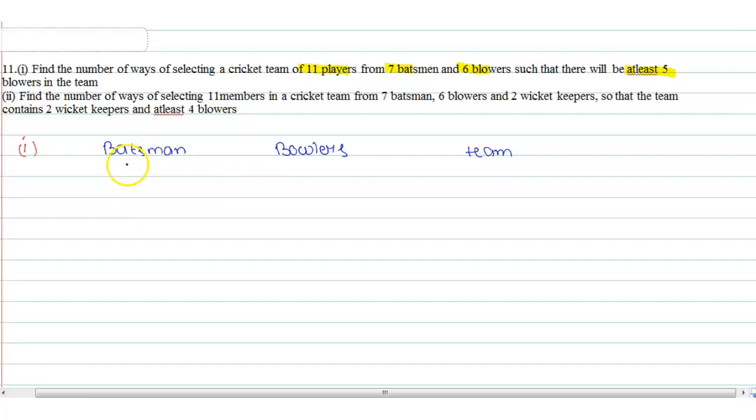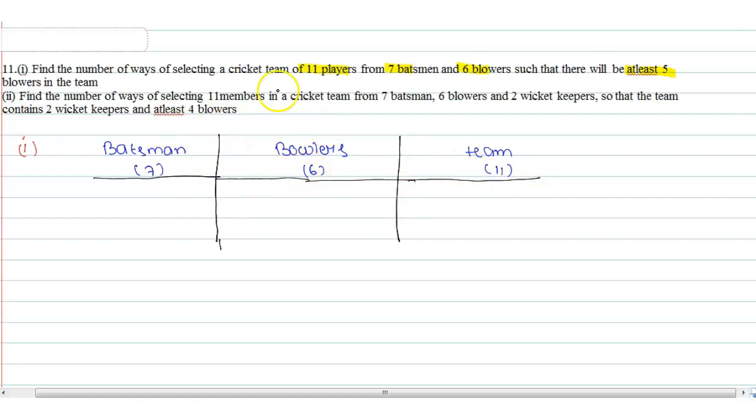Total batsmen are how many? Here we have 7 batsmen and 6 bowlers, and the total team is of 11 players. Now this is the given data. Now coming to the answer.